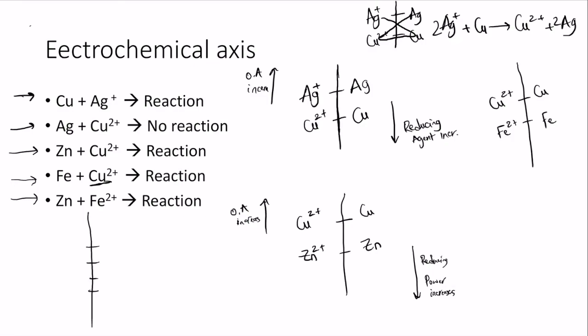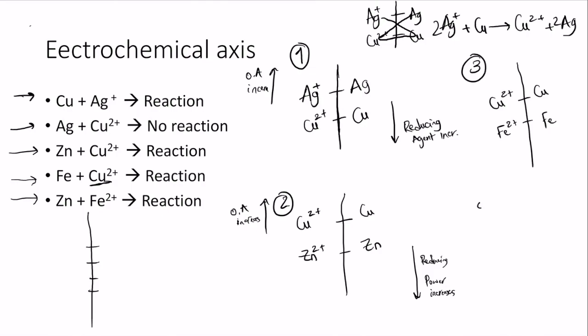So Fe was able to reduce Cu2+, then Fe should be below Cu, because in the reducing agents, as we go down, the reducing power increases. So this is 1, this is 2, this is 3.